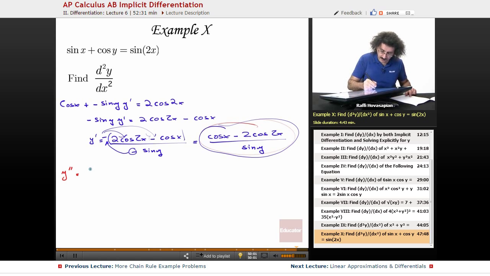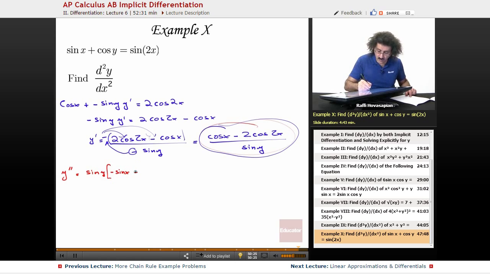So that equals sine y times the derivative of this. The derivative of cosine x is minus sine x. The derivative of this cosine 2x is going to be minus 2 sine 2x.